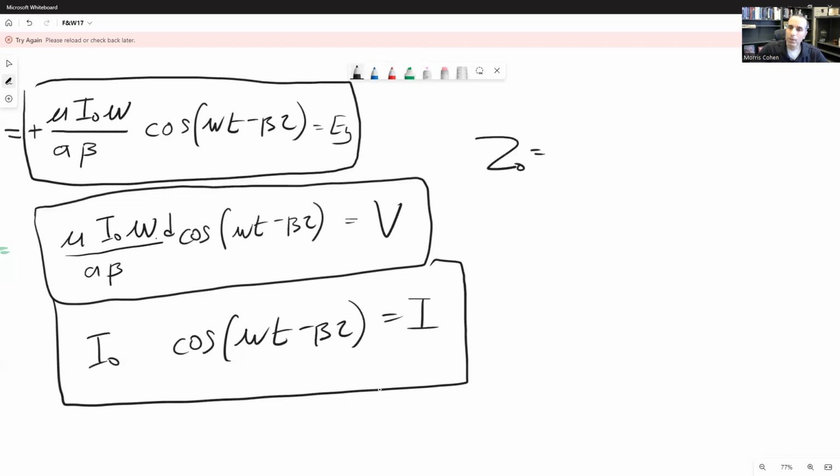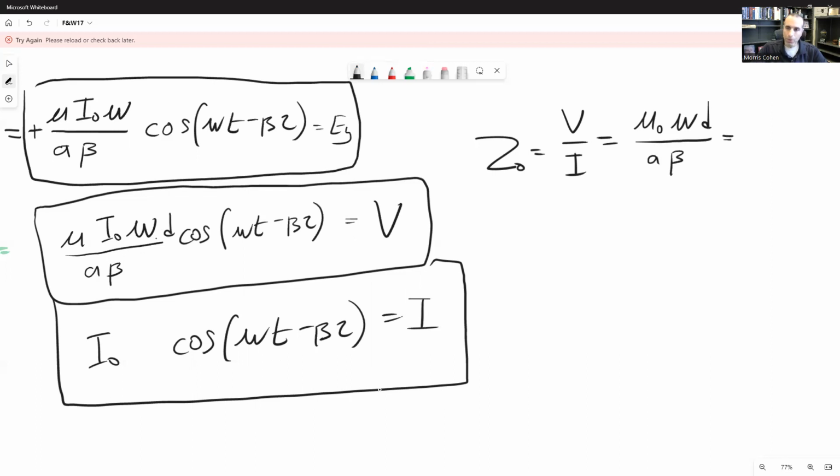Z0 equals voltage divided by current. If you plug this in and divide it out, you're going to get that V over I equals mu times omega times d over A times beta.